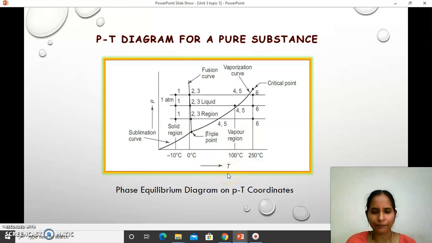So students, be clear that the PV diagram is different from the PT diagram.